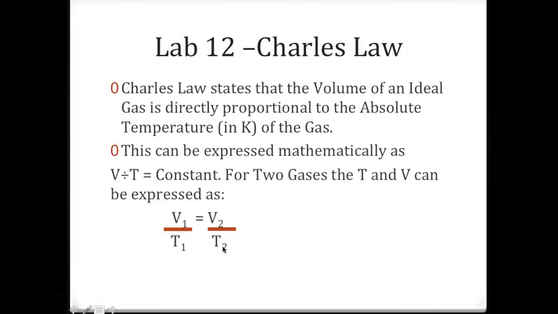Another way to rewrite this is by cross-multiplying: V1 times T2 equals V2 times T1. It's much more convenient because you can solve for an unknown temperature or volume when you have it in that form.